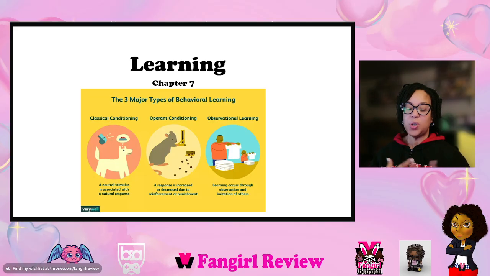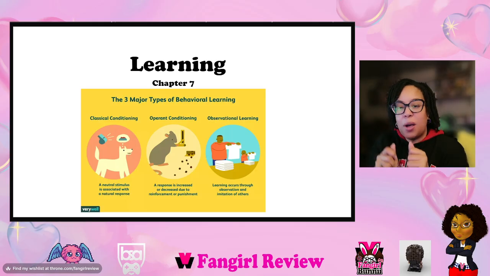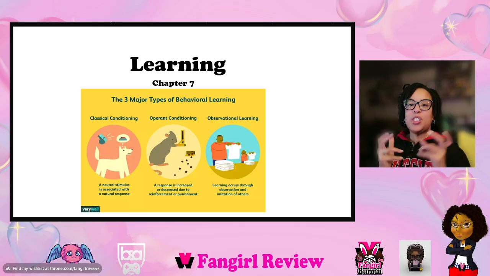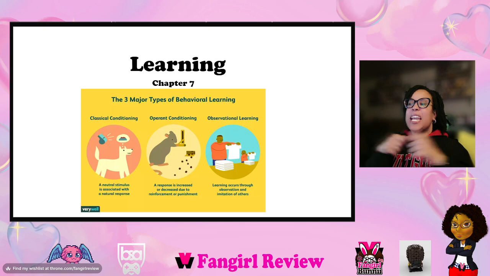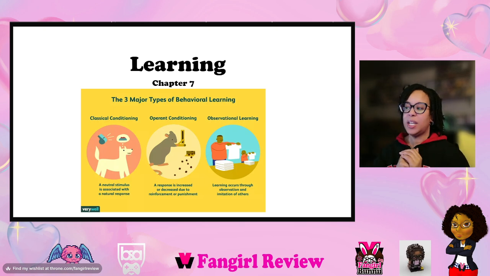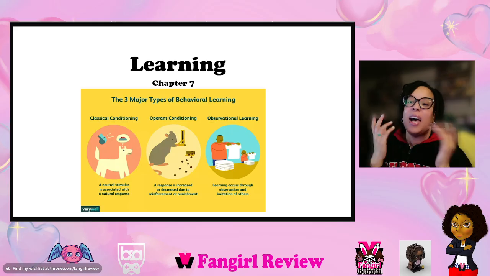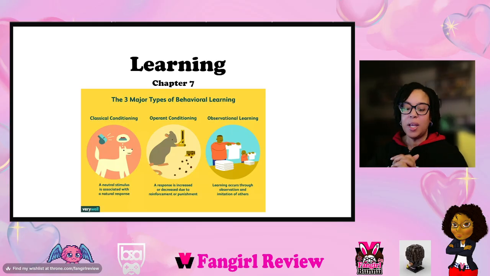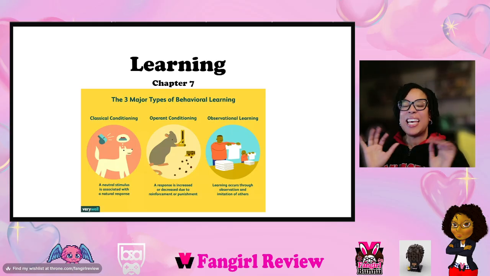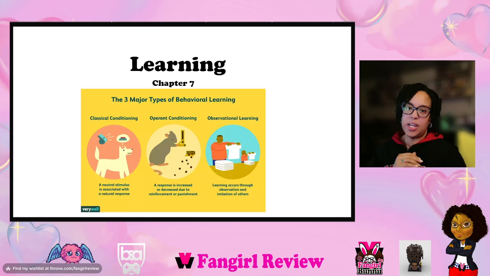So what Watson would do is he would sneak up behind Baby Albert, and he would take two pieces of metal and clang them together behind Baby Albert. Obviously startling the baby. Obviously scaring the baby. At some point, Baby Albert would associate that rat with that loud clanging noise and that startling, that scariness.